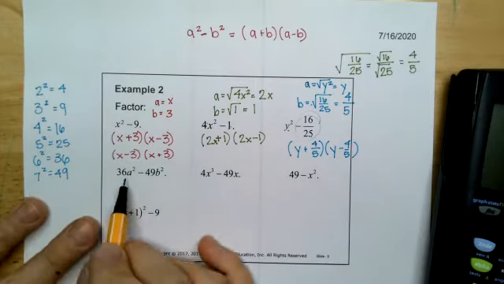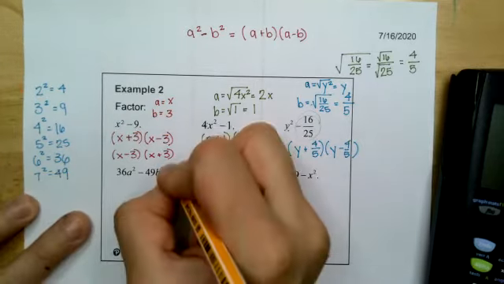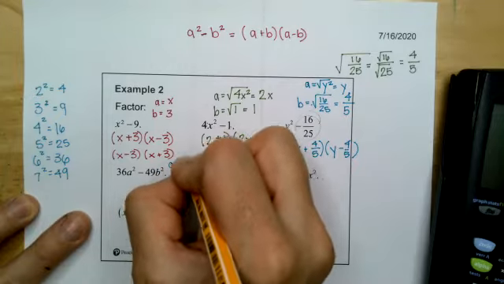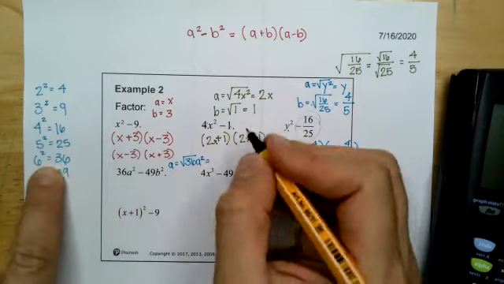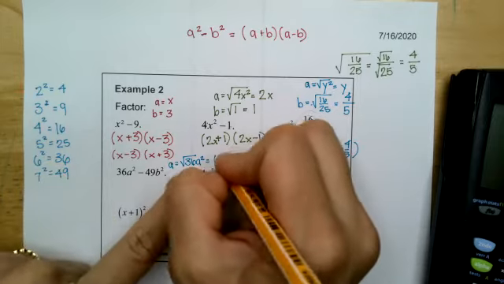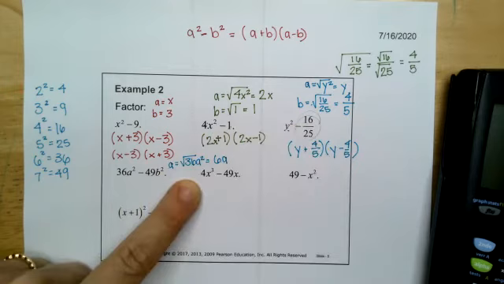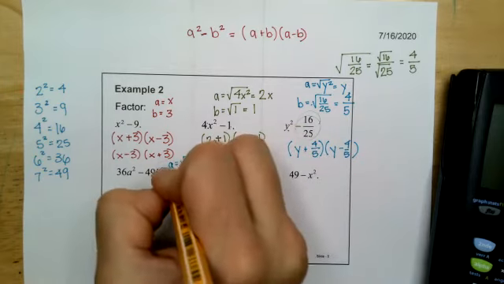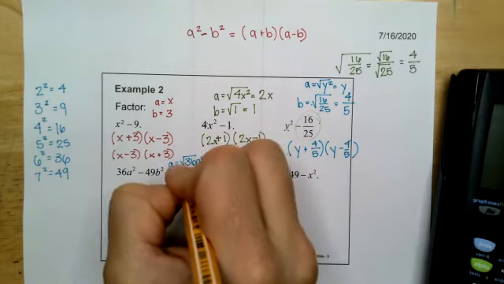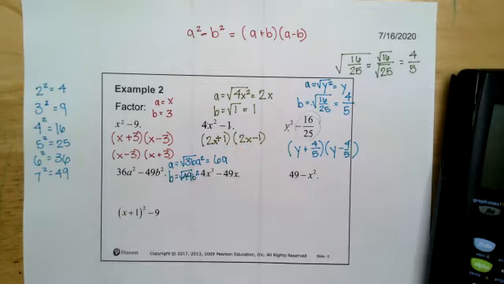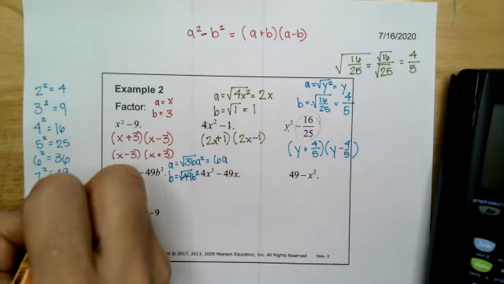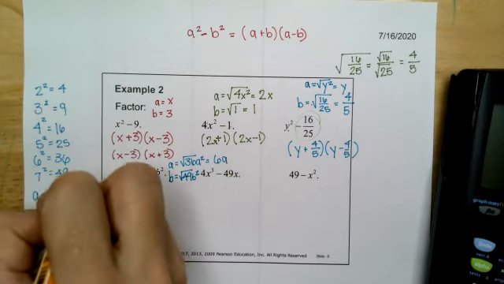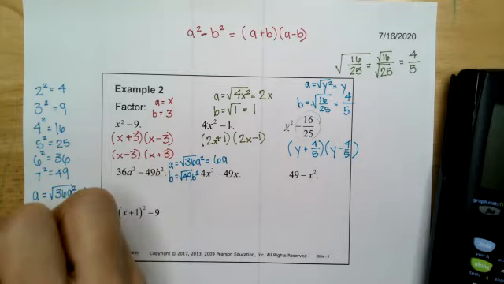Good. So even though this looks odd, we know that the square root of 36a squared is, square root of 36 is 6, the square root of a squared is a. A is the square root of 36a squared, which is 6a.